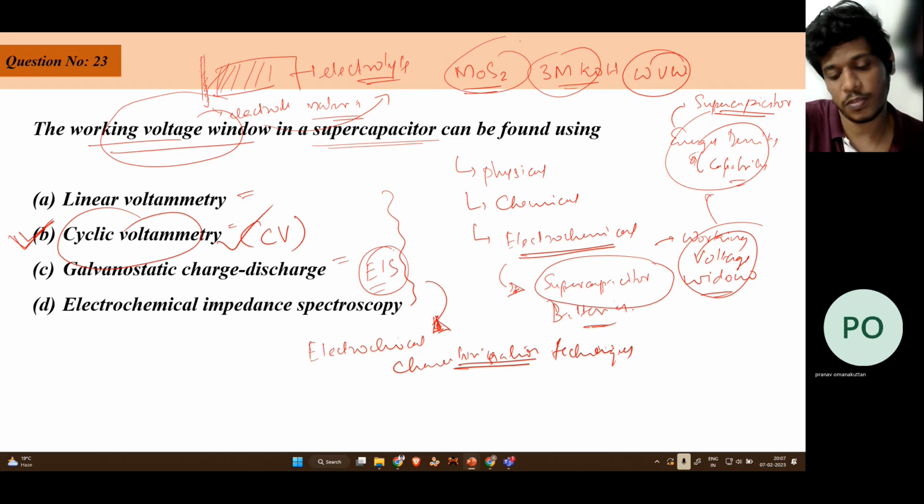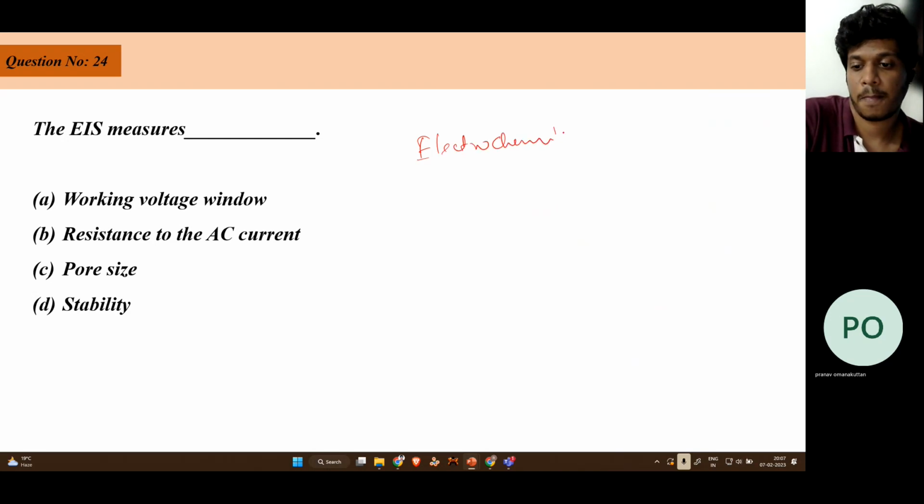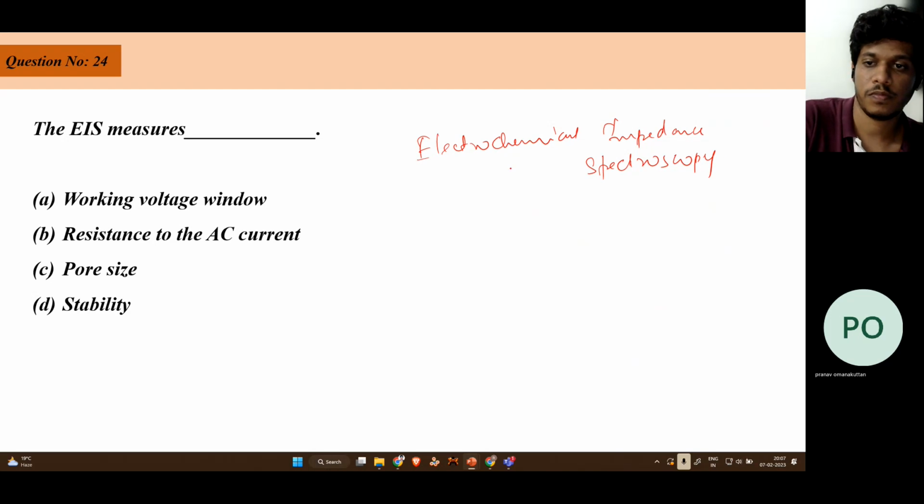Okay, now let's move on to the next question. What does EIS measure? EIS stands for electrochemical impedance spectroscopy, and it basically measures the resistance to the electric current within the structure, within the device.